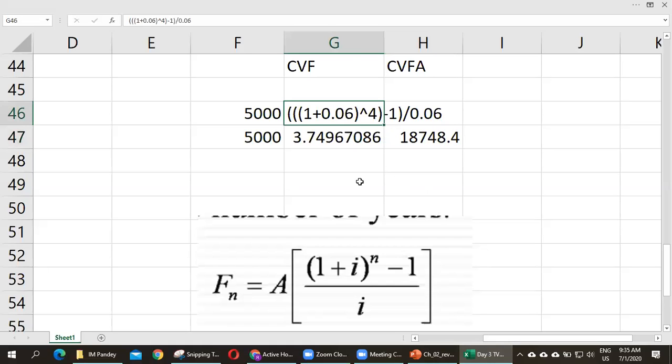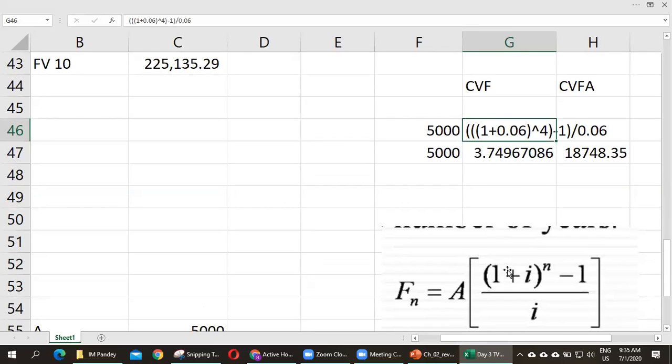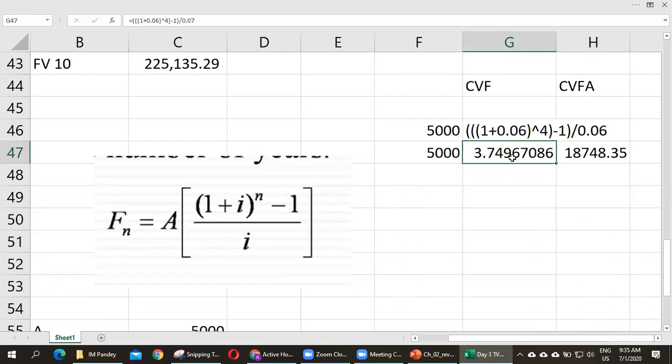So where's the mistake? 1 plus i to the power 4 minus 1. Can you find this value within the bracket? Using a manual calculator, how much?